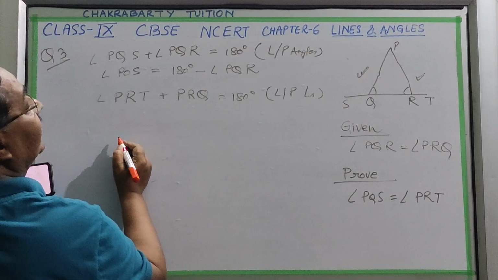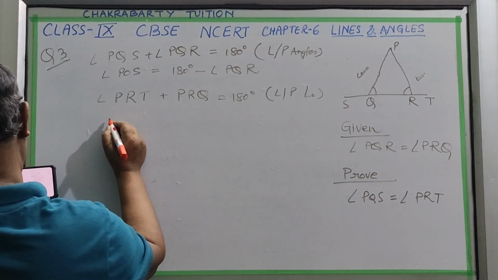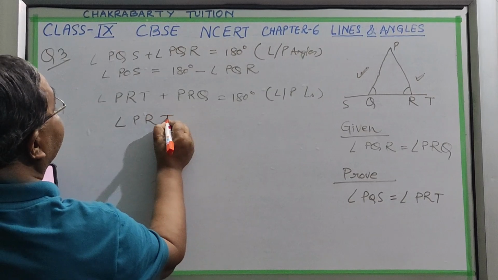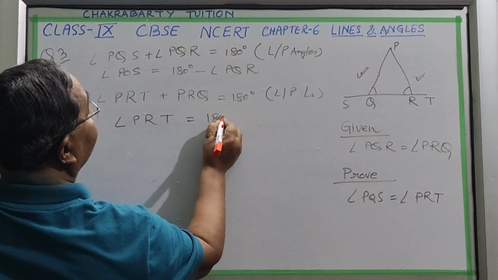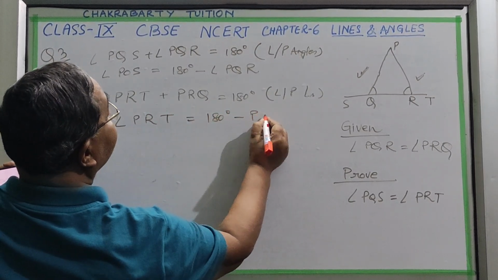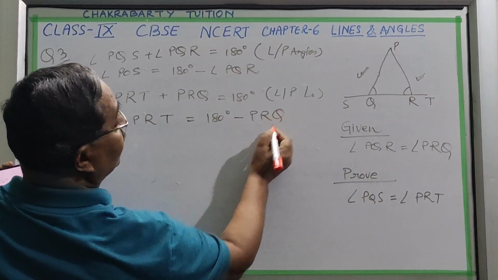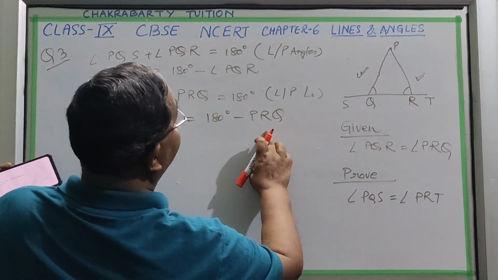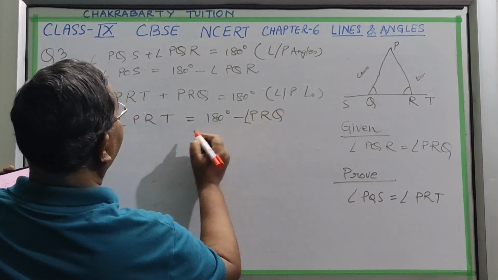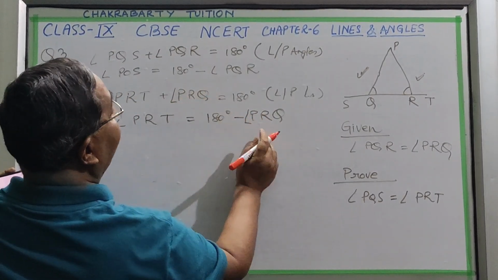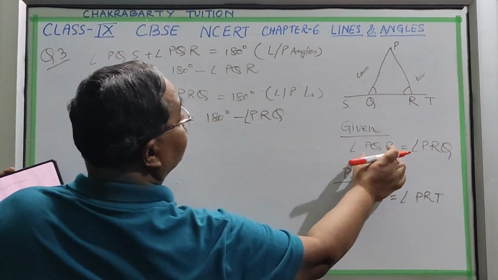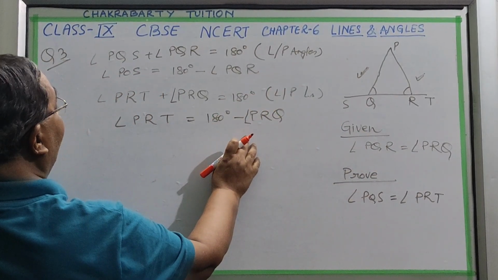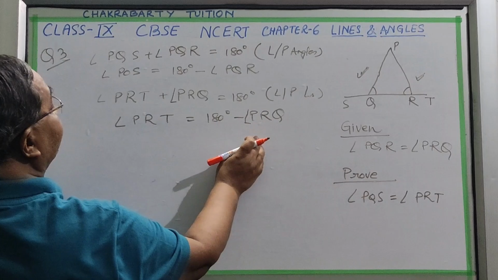So angle PRT will be equal to 180 degrees minus angle PRQ. Okay, and angle PQR and angle PRQ both are equal. These and these are equal.